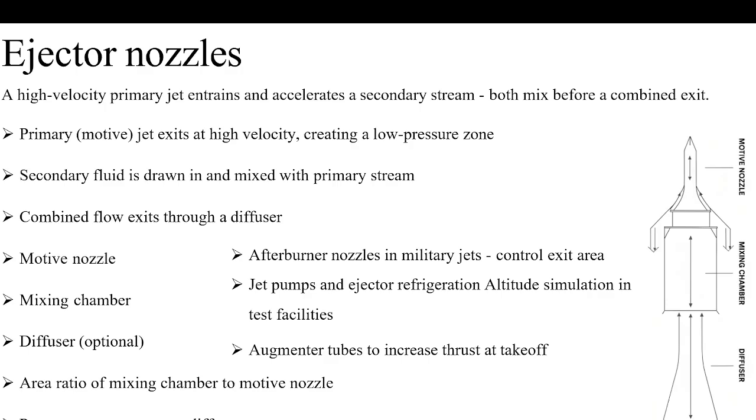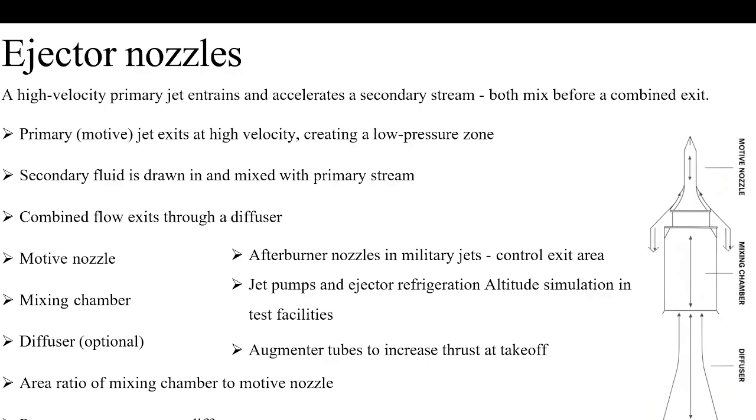If you see the right side image, this is the image for the mixing. These kinds of images you will see more in your rocket propulsion subject, where they are called ducted rocket engines, where an additional combustion chamber is given after your nozzle to burn the extra fuel to get more thrust.